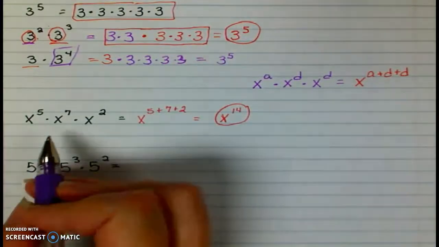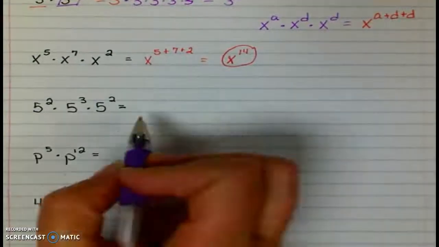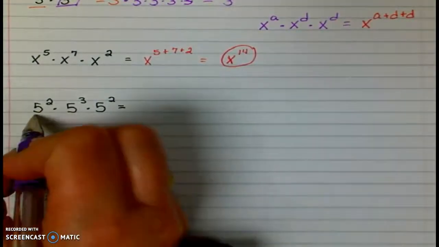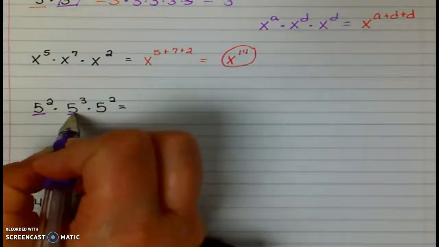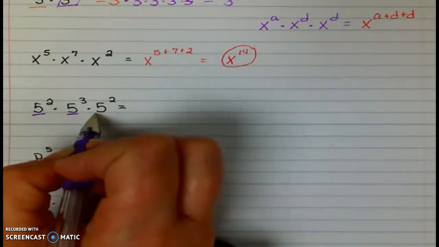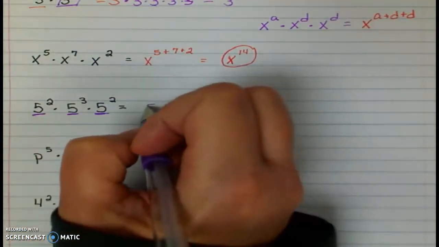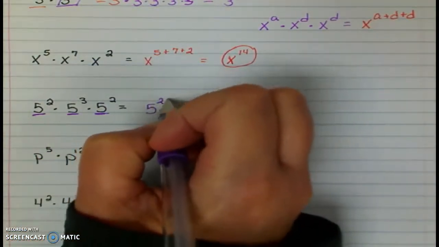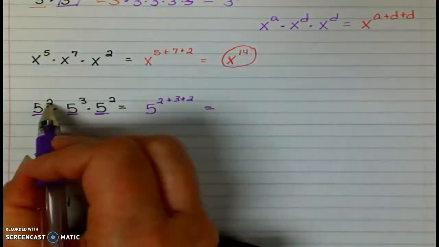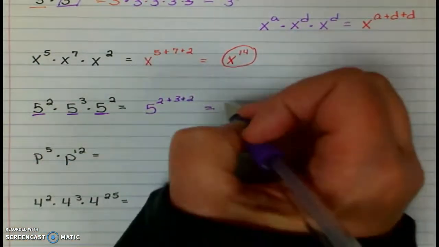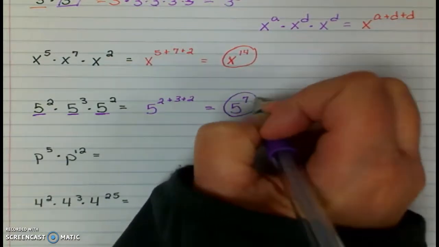It doesn't matter if the base is a variable such as x or if it's a number such as 5. My base is 5, the exponent is 2, the base is 5, your exponent is 3, the base is 5, the exponent is 2. So you're going to have your base to the sum of those exponents. And if you add those exponents together, 2 plus 3 is 5, plus 2 is 7, you end up with 5 to the 7th power.